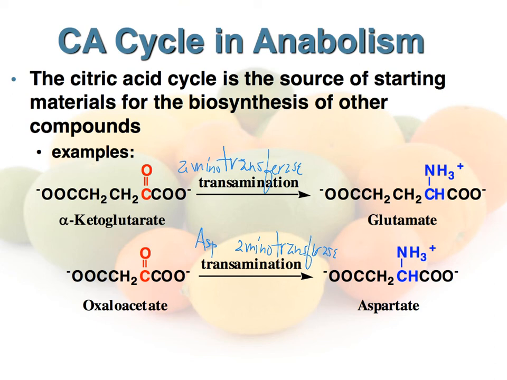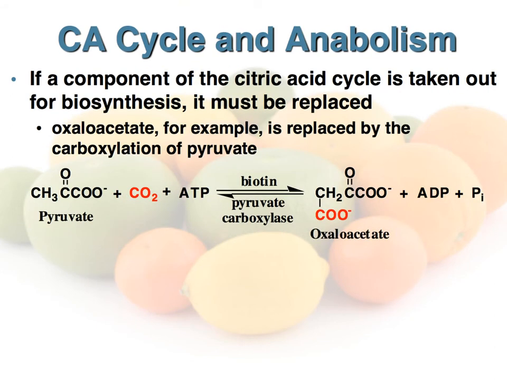Trust me, we go over lots of examples of it throughout the semester. We see aminotransferases over and over and over again. You have to be able to replace the intermediates if you take them away, and some of the suggested problems are similar to that.